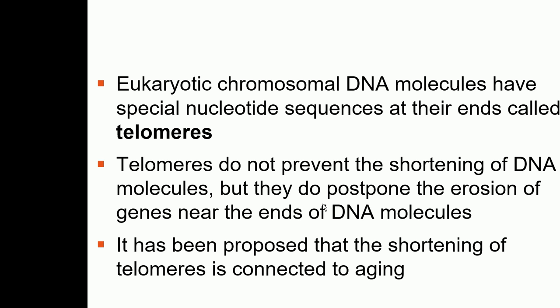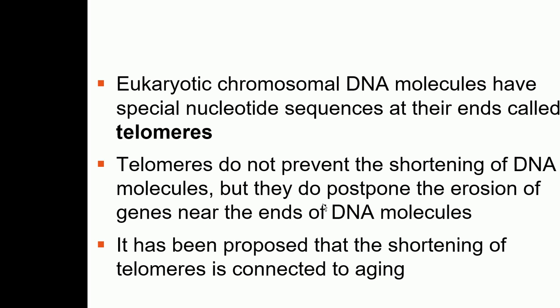So yes, in every cycle of DNA replication some part of the DNA is getting removed, but we are not losing important genes, because at the end of the chromosomes there are telomeres. They do not code for any gene. We also call telomeres caps. They are caps on the chromosomes.